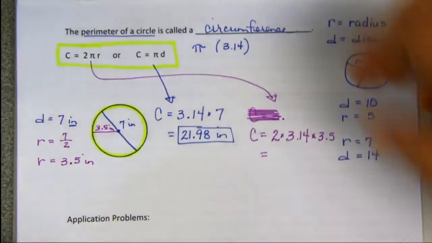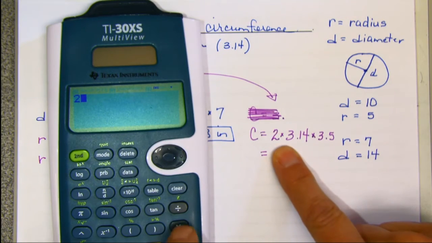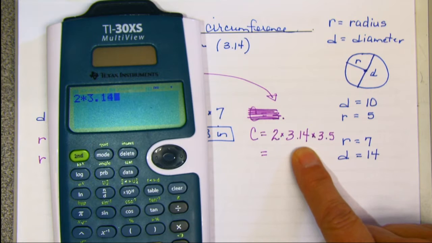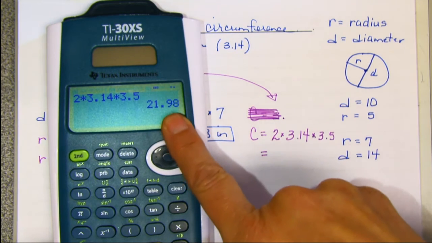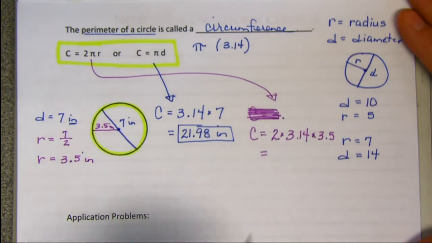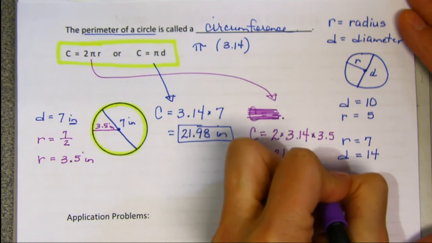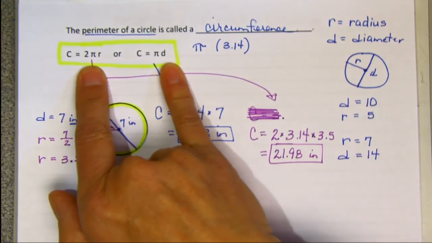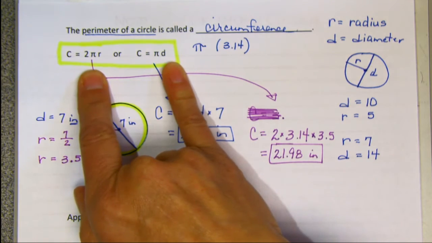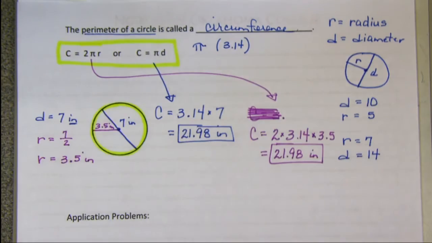So if you'll go to your calculator and do 2 times 3.14 times 3.5, we get the exact same answer, 21.98 inches. So which formula do you use? It is determined upon whether they give you radius or they give you diameter.